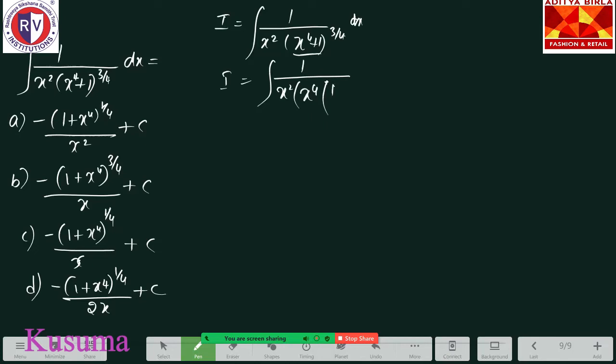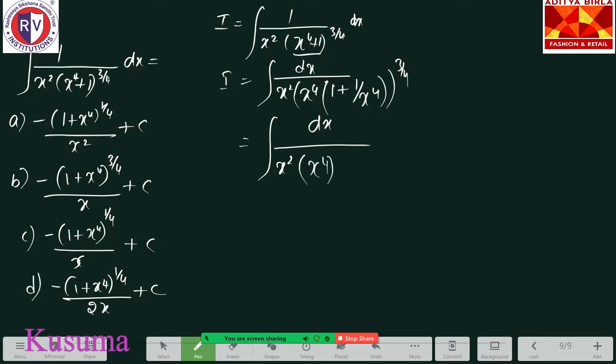So what is left out is (1 plus 1 by x to the power of 4) whole to the power of 3 by 4 into dx. Okay. So dx divided by x square into, let us split the terms, product of terms there we can split it. So we can write it as (x to the power of 4) to the power 3 by 4 into (1 plus 1 by x to the power of 4) to the power 3 by 4.